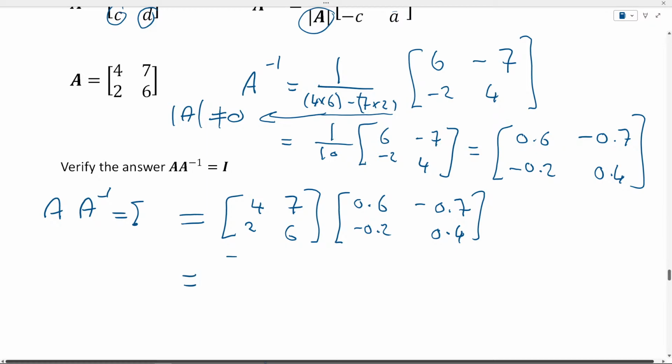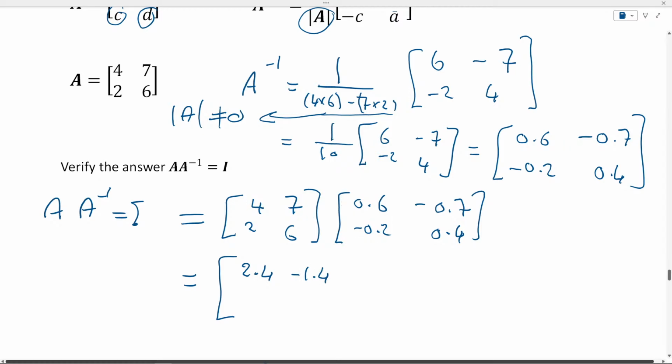So how to remember how to do it? Basically, you multiply this guy by this guy to find this element. So that is 4 times 0.6, that's 2.4, negative 7 multiplied by this, so that would be negative 1.4. That's the first element.